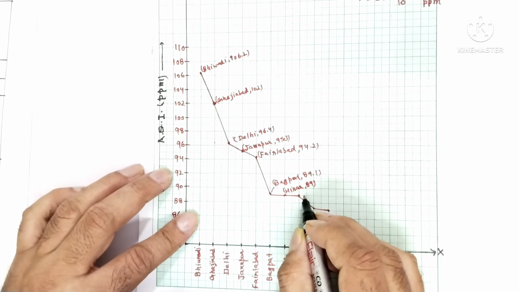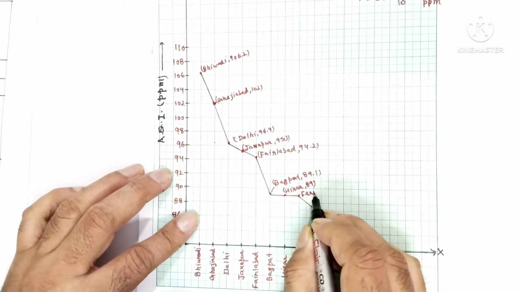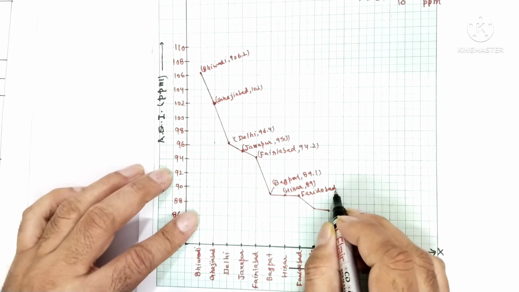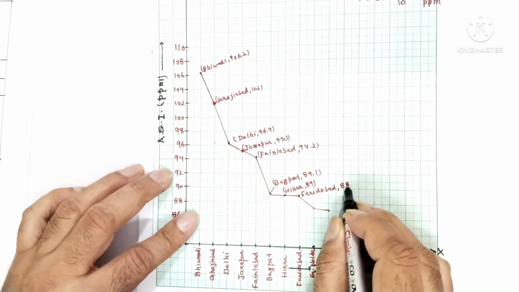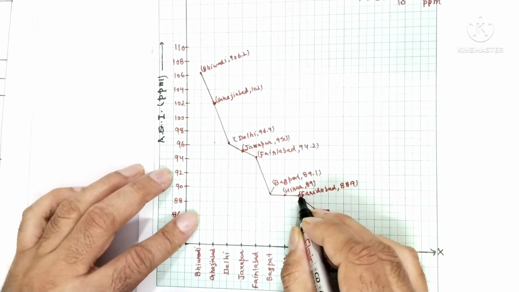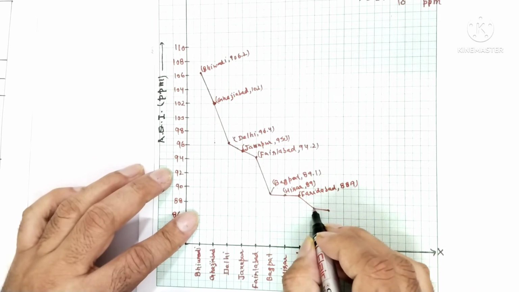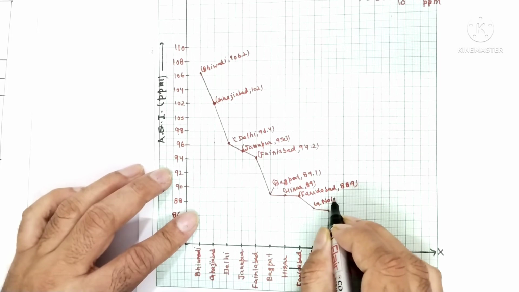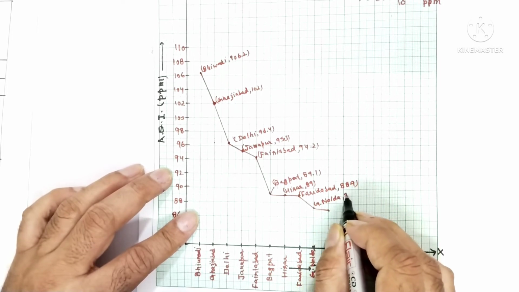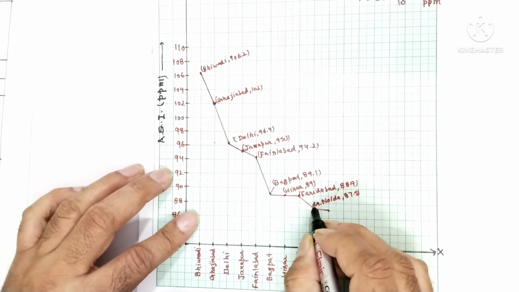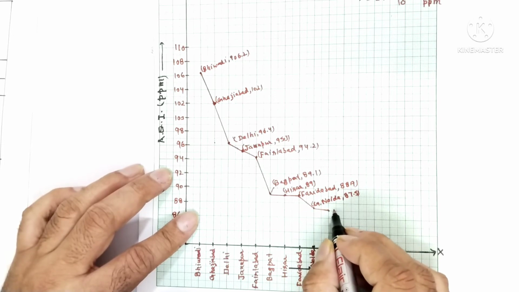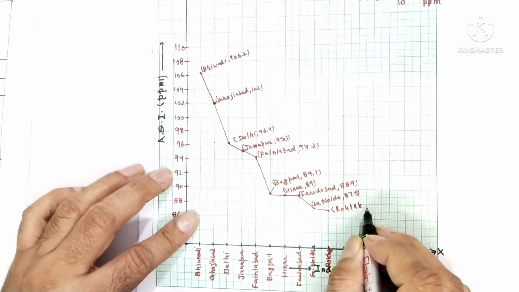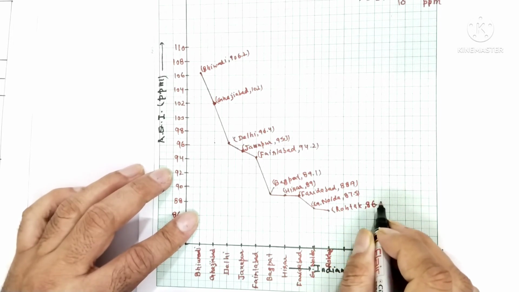Next is Faridabad. Faridabad's air quality index is 88.9. Next is Greater Noida. I will write in short form GN Greater or G Noida. This is 87.5. And next is Rohtak. This is 86.9.